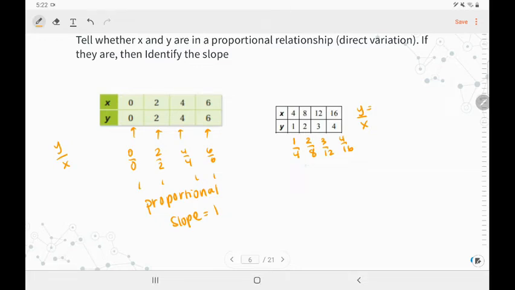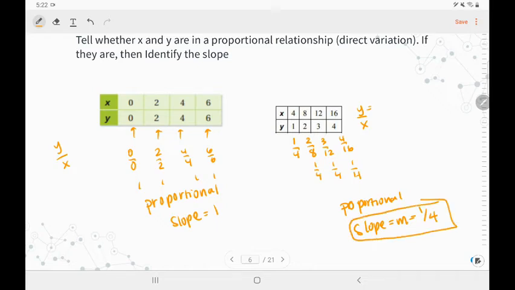So 1 over 4, it can't be reduced. 2 over 8 can be reduced to 1 over 4. 3 over 12 can be reduced to 1 over 4. And 4 over 16 can be reduced to 1 over 4. So this is proportional. And the slope, also known as m, equals 1 over 4. So in this case, they were both proportional.